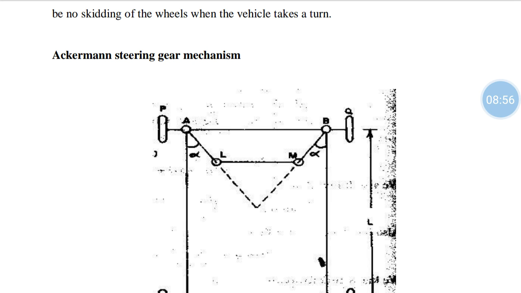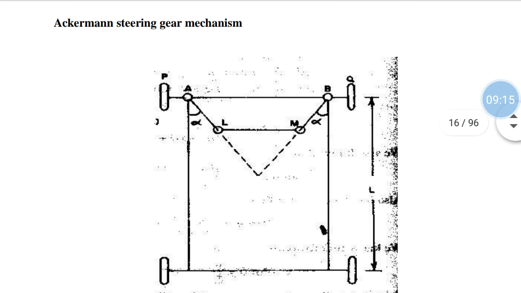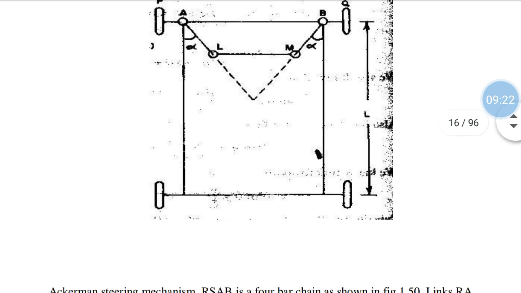Once you rotate the mechanism, the links AL and BM change, but they make an equal inclination. Based on that, P and Q will rotate. For example, if AL changes its position, AP also turns, and BM means BQ also turns. This is the length of the chassis.